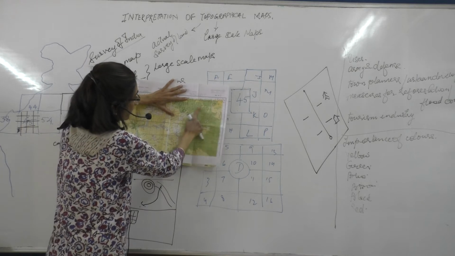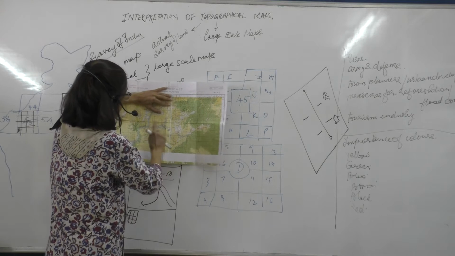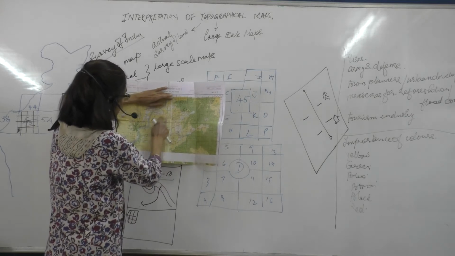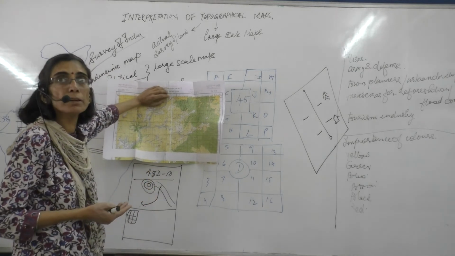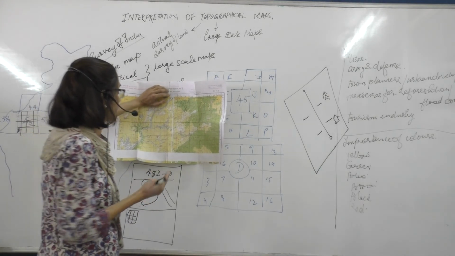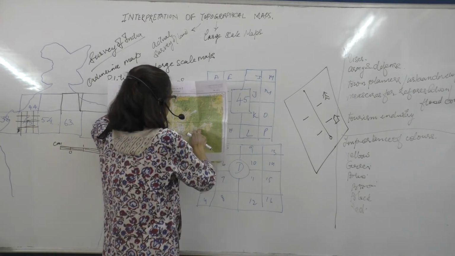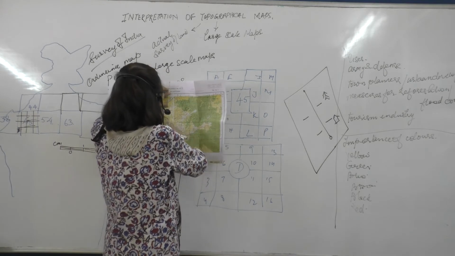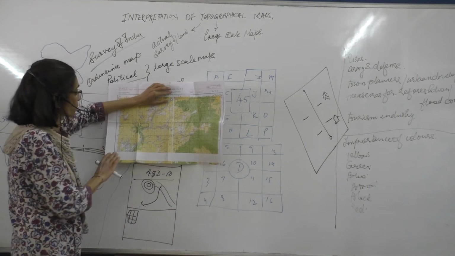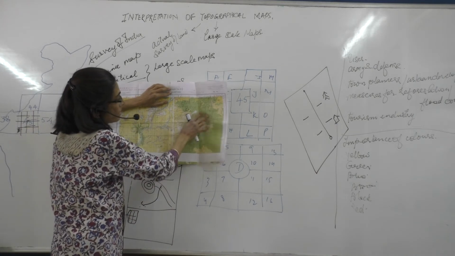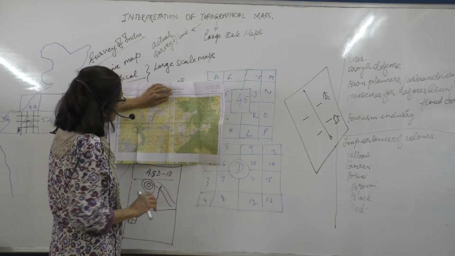It's like green color, this is all forested area. The yellow color shows the agricultural land. So you are seeing different kinds of colors being represented here. You can also see the red one showing the settlements and the cart tracks, the metal roads. You may also be seeing the black color over here, which shows the streams.